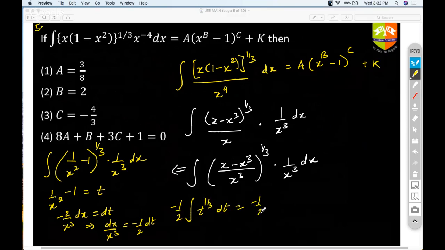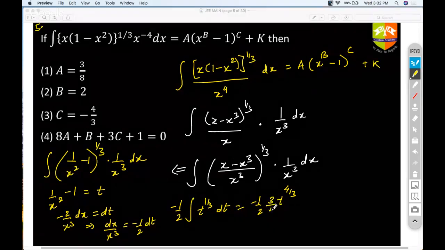So that's going to be negative half t to the power of 4 by 3 divided by 4 by 3. So it will become 3 by 4 on top, plus c. And if you replace t back, this is what we are going to get.